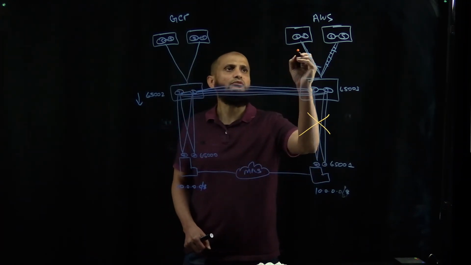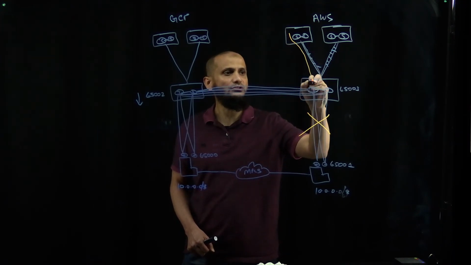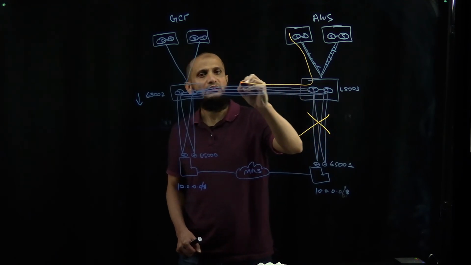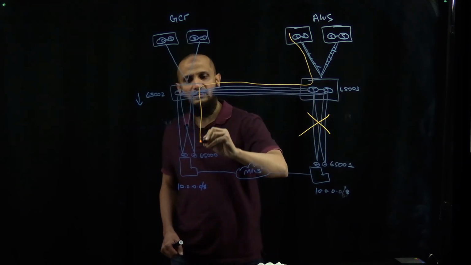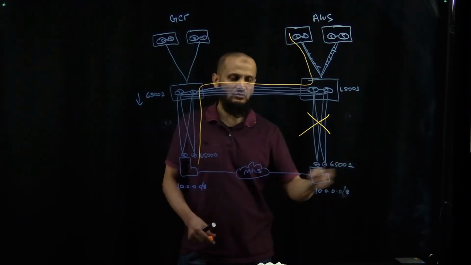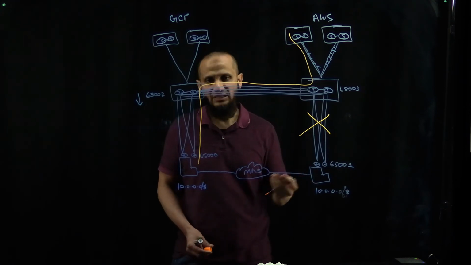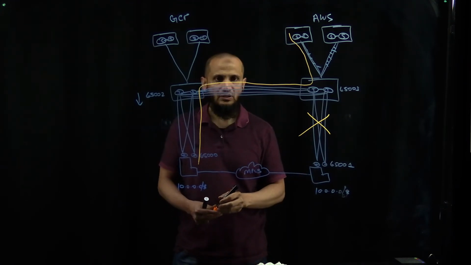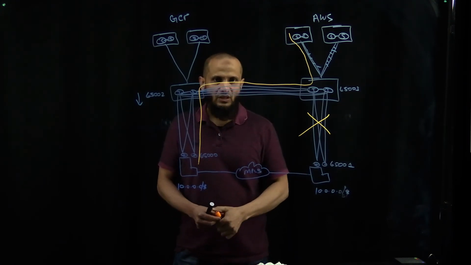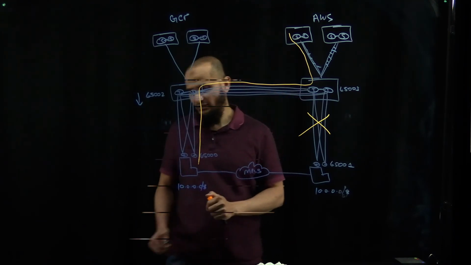So if I want to draw it with the orange, then the application sitting over here in this VPC is going to take this route, and then is going to get to the data center. And from there, if it has to go back to the other data center or whatnot, it can utilize the MPLS link or not, right? So that is going to be our best possible path.